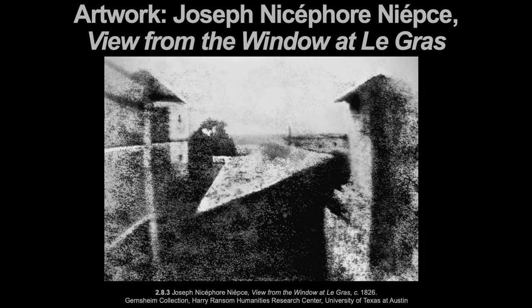This is the earliest known photograph that exists, 1826, Niepce, view from the window at Le Gras. So no one knows exactly how this was made because he kept the process secret.